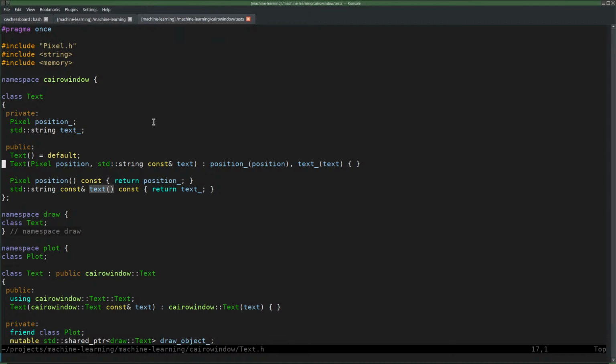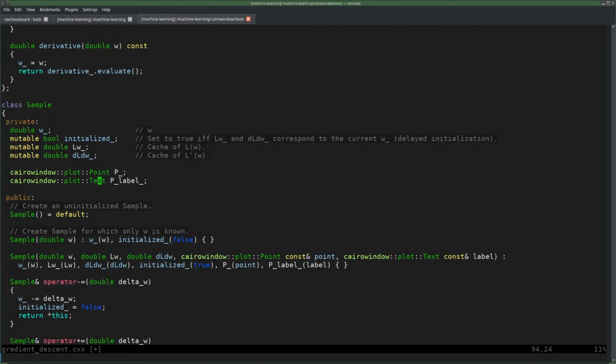Could print a label, theoretically. If I could have access to the P label here though, can add an accessor, I guess, for that.